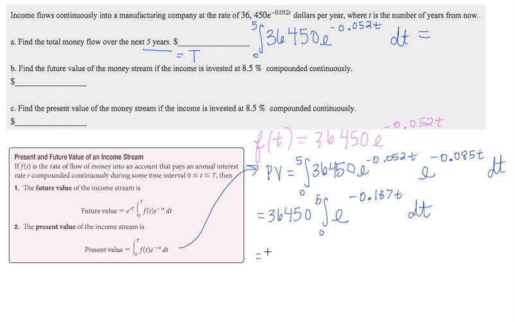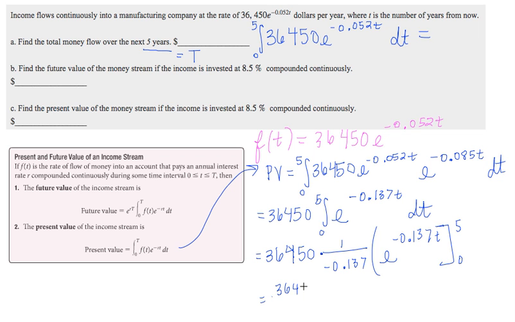Let's go ahead and integrate that. 36,450 times, I'm not going to do this fully, but I'm going to do a little bit. So times 1 over the coefficient of t, so 1 over negative 0.137 times e to the negative 0.137t. I'm going to take that from 0 to 5, so plug in 5, minus plug in 0.